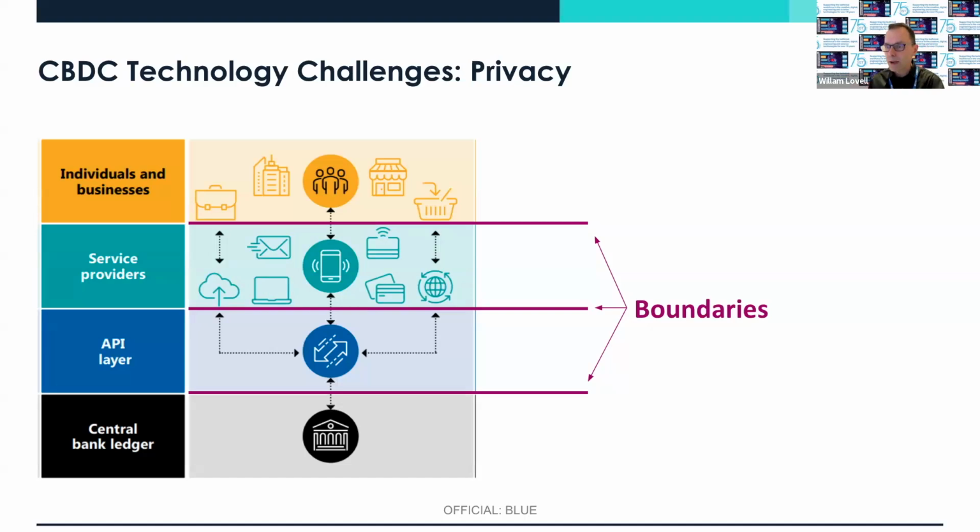So we think about that boundary and the privacy enhancing technologies that we might use for it. And in fact, this talk is well timed, because we published this week a piece of work that the bank has been doing with the MIT Media Lab on privacy enhancing technologies, specifically their application with central bank digital currencies.